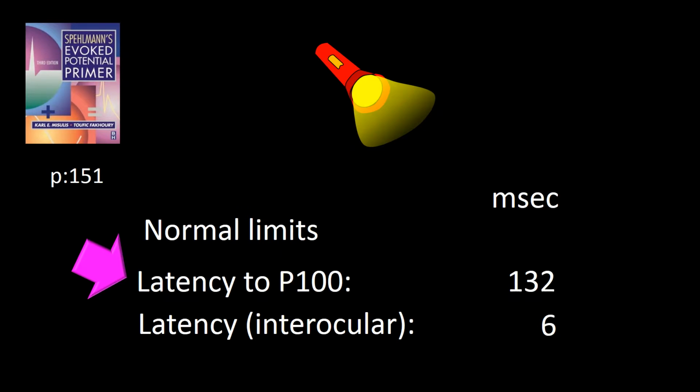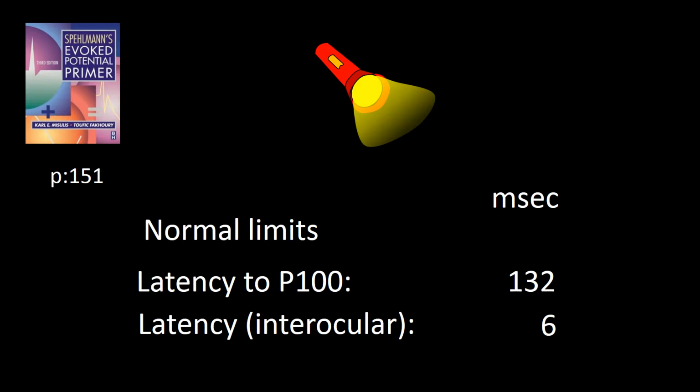It places the limit of normalcy at 132 milliseconds for latency to P100, and for interocular difference it established 6 milliseconds as the upper limit of normal.